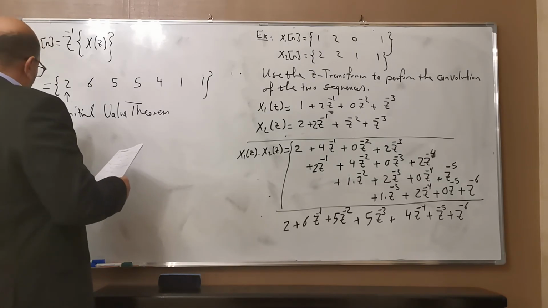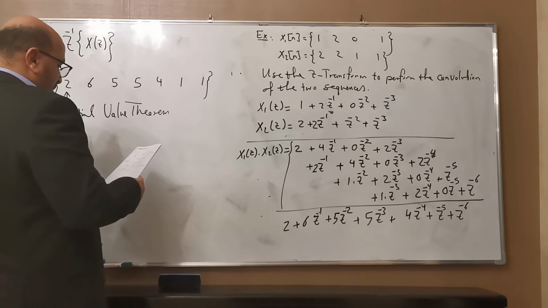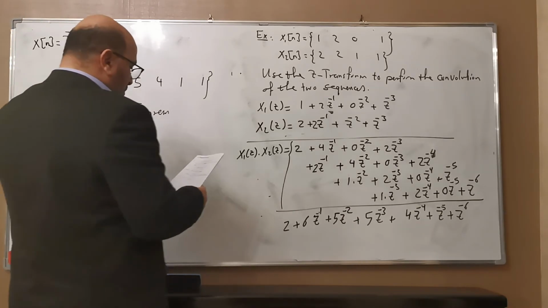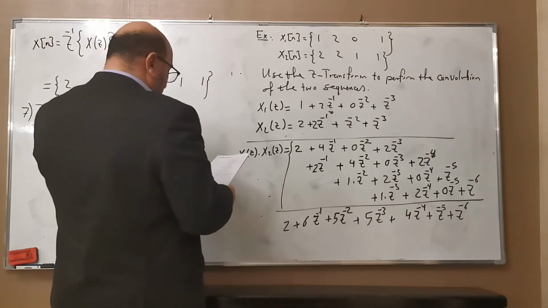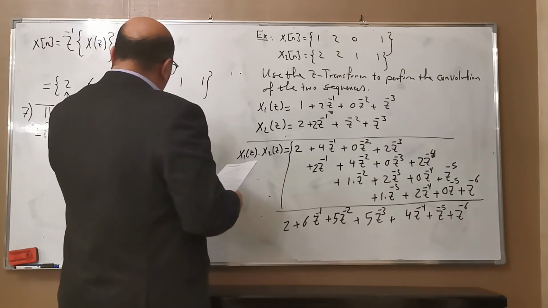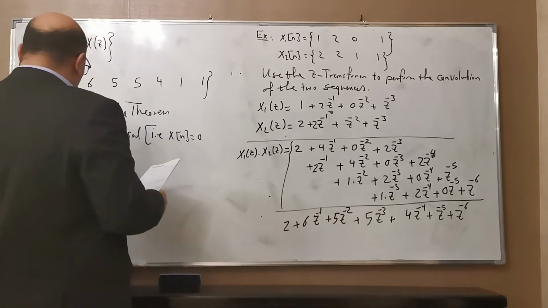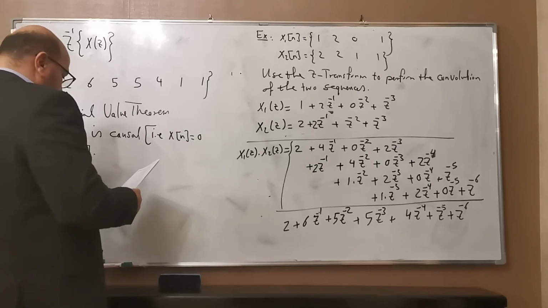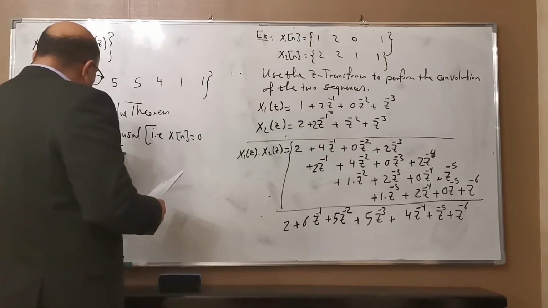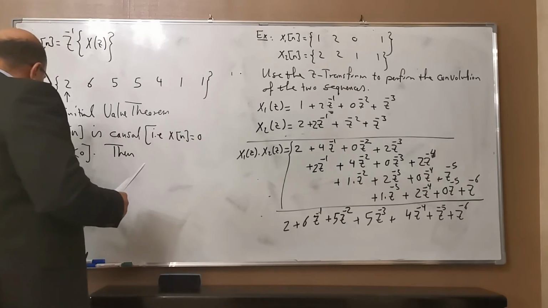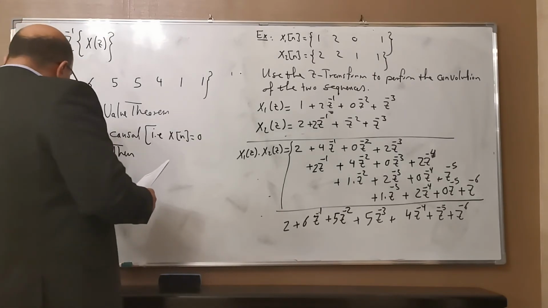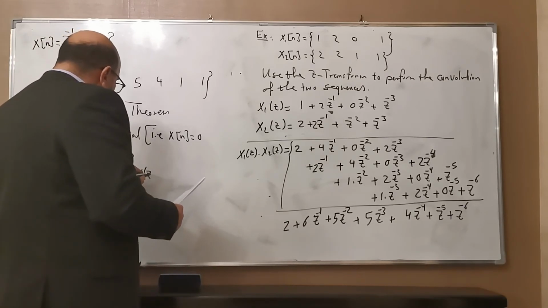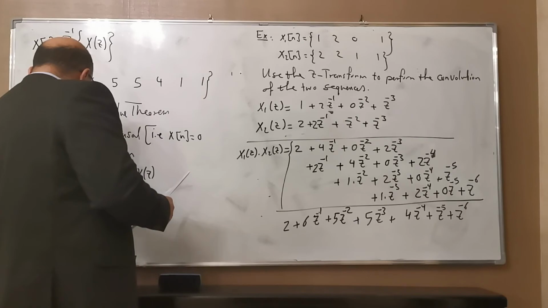If x of n is causal, i.e. x of n equals 0 for n less than 0, then x of 0 in the time domain equals the limit of x of z as z approaches infinity.